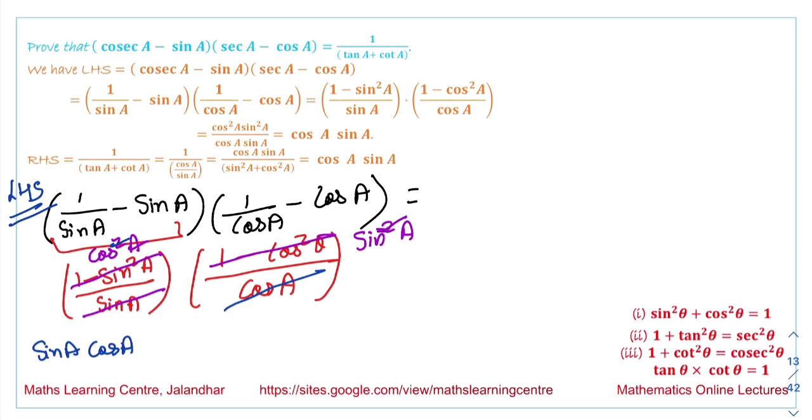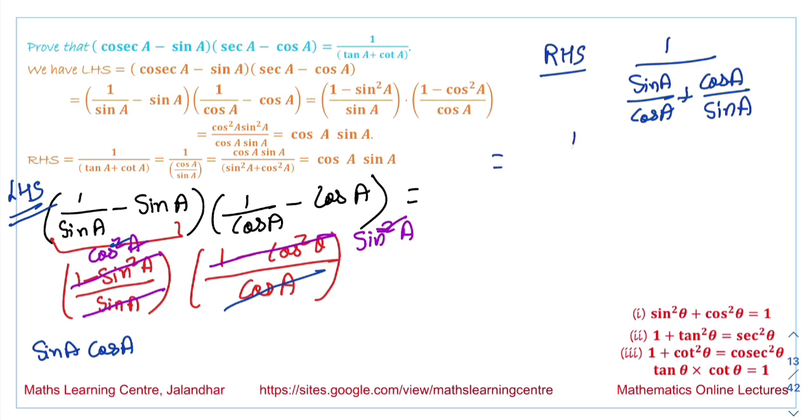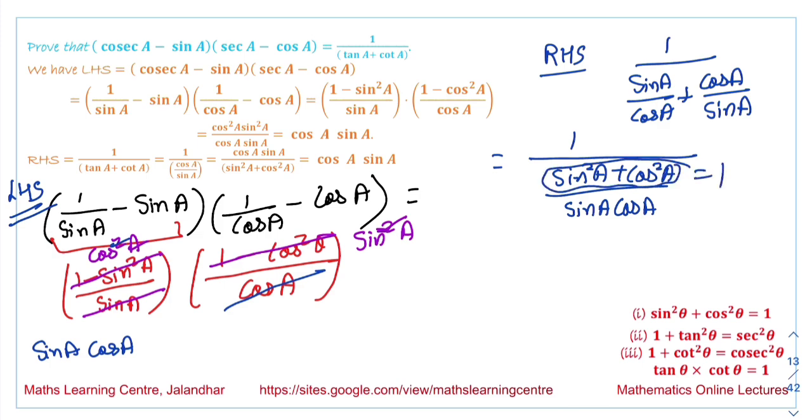Next we are solving the RHS part. RHS is 1 over sin A over cos A plus cos A over sin A. When we take the LCM, we get sin A into cos A in the denominator, and sin square A plus cos square A in the numerator, which is equal to 1 by our identity.